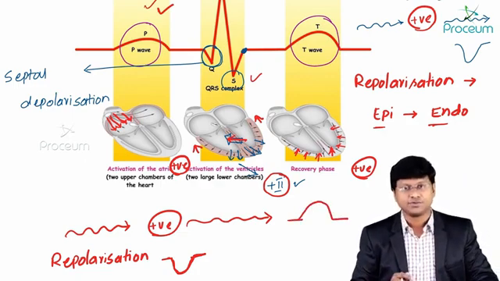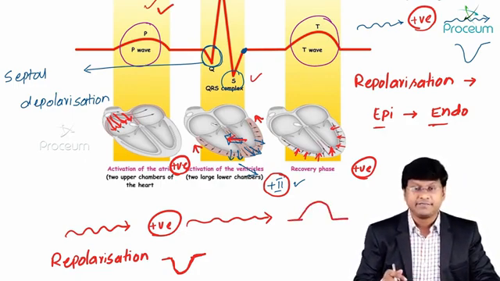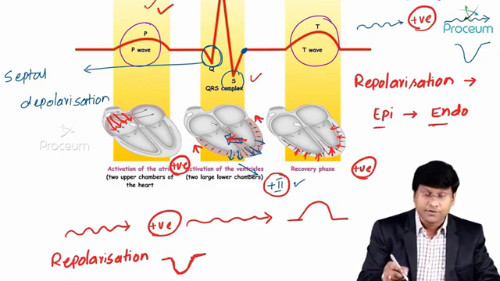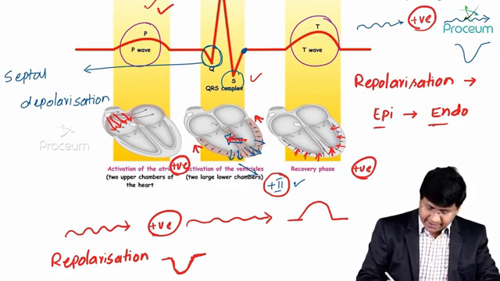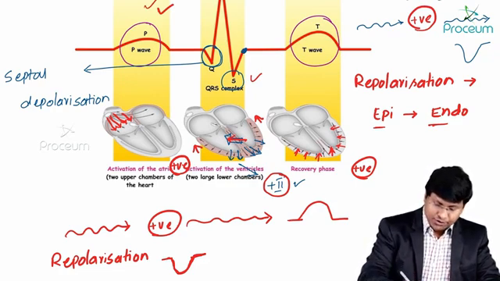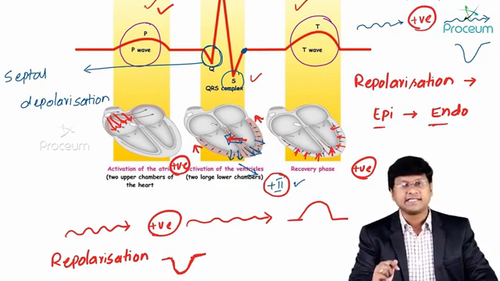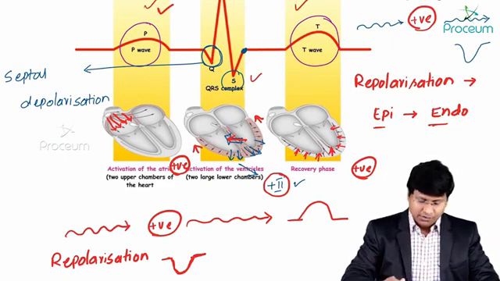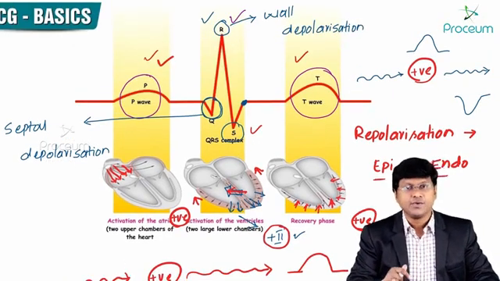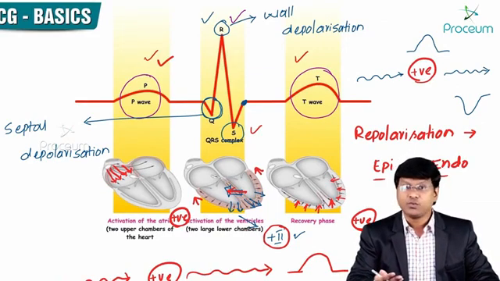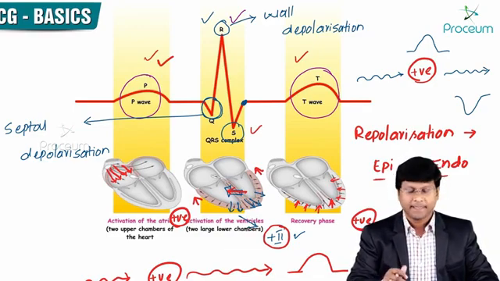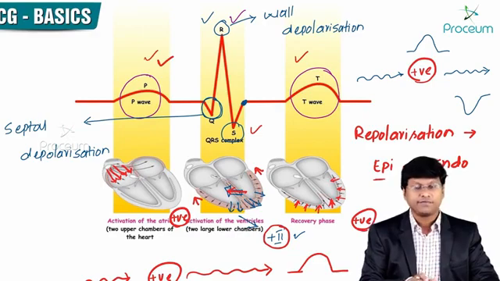Same thing is happening here also. The wave of repolarization of your ventricle is moving away from the electrode, so you will get a positive wave. That is nothing but your T wave. So that is the concept behind why you have a positive wave above the isoelectric baseline and a negative wave below the isoelectric baseline. Right? So this is the story of the PQRST complex.